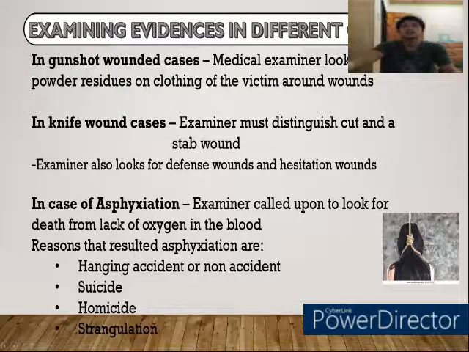Because little or no oxygen can be delivered to the organs of the body, including the brain, it will cause death. So that is asphyxiation. The causes of asphyxiation are: first is hanging, accidental or non-accidental. Hanging is intentional or non-intentional killing.